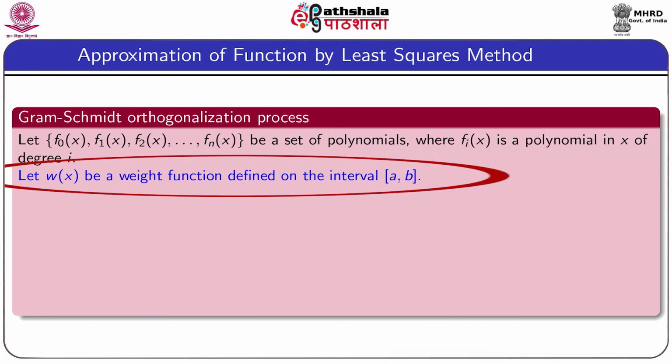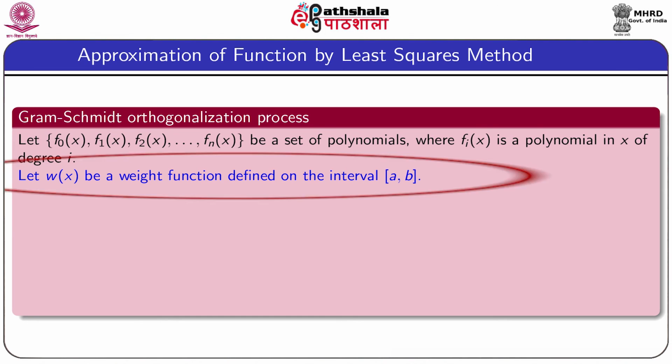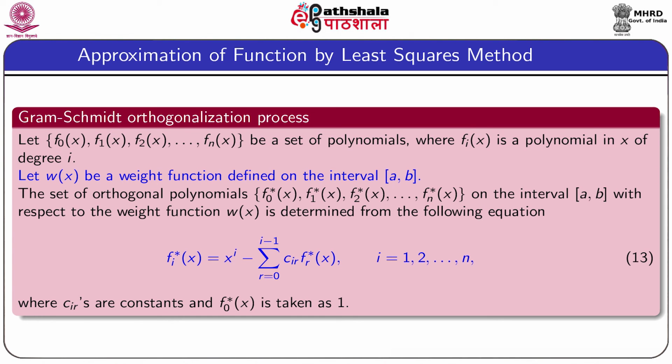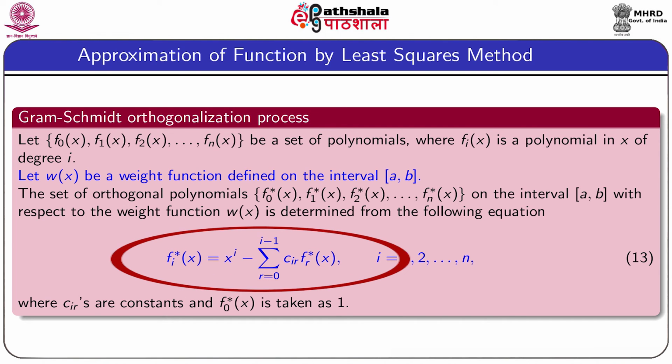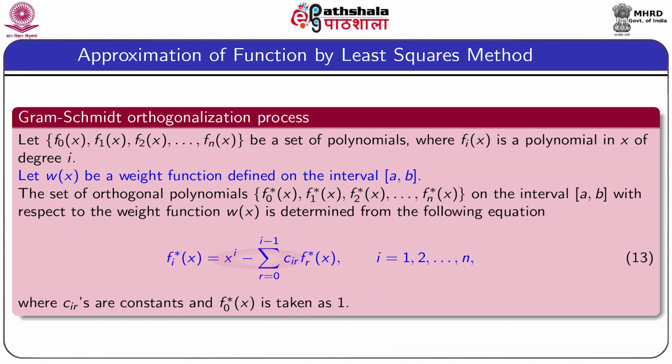Let w(x) be a weight function defined on the closed interval a b. The set of orthogonal polynomials f0*(x), f1*(x), f2*(x) up to fn*(x) on the closed interval a b with respect to the weight function w(x) can be determined from the following equation: f_i*(x) equals x^i minus summation over r equal to 0 to i minus 1 of c_ir f_r*(x), where i equals 1 up to n.